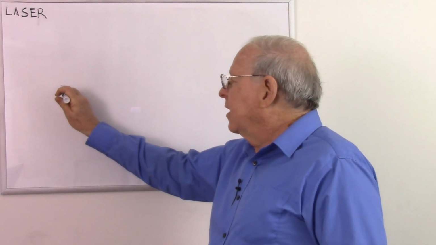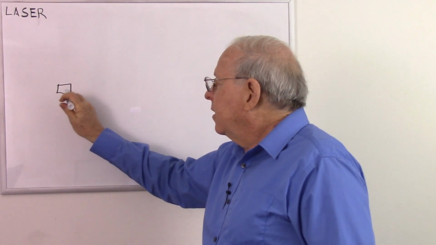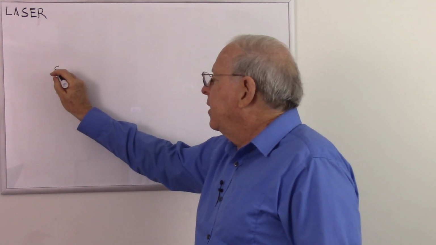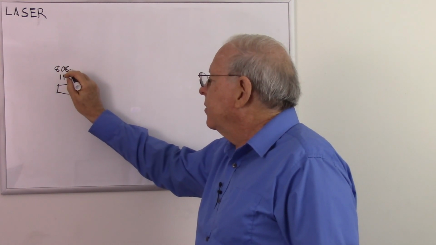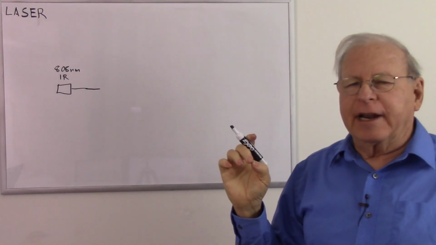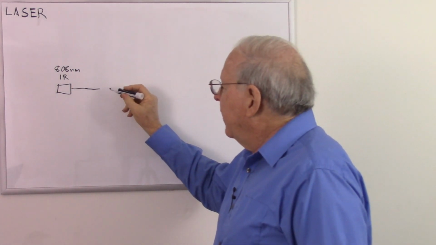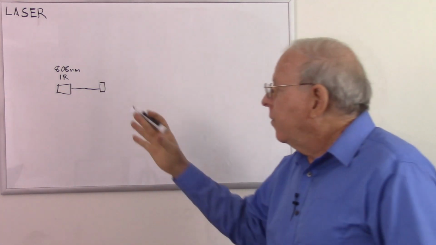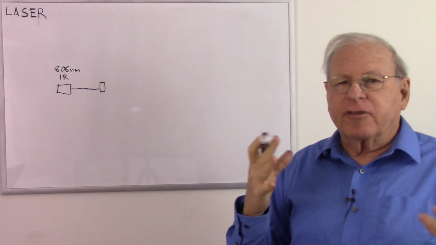Starts out with an infrared laser. And the wavelength is 808 nanometers. And it's a fairly powerful laser, more powerful than the final output of the pointer. And that goes to a crystal that is a neodymium doped YAG. We talked about that earlier when we talked about solid lasers.